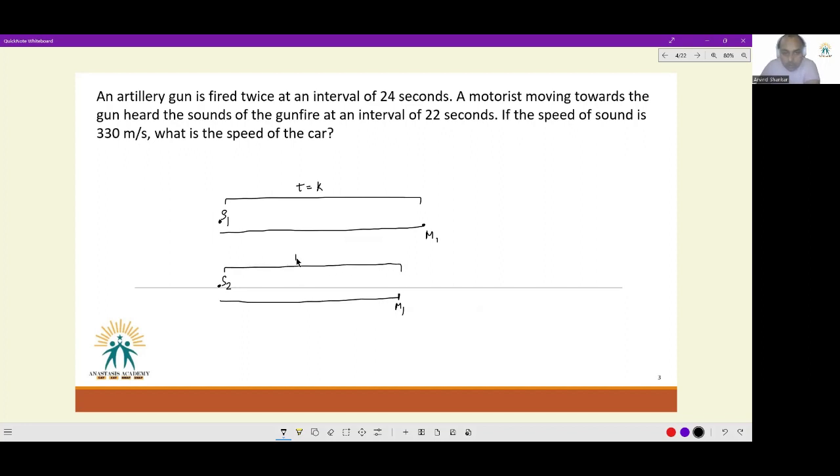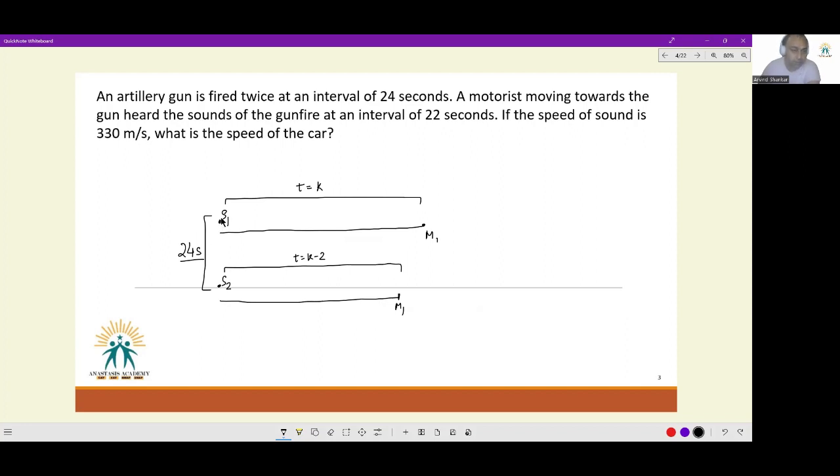this time the motorist heard it 2 seconds earlier. Understand the time that you took from the sound of the gun being released to motorist hearing is not 24 seconds. It is just that he heard it 2 seconds earlier. From this event to this event, 24 seconds have passed.